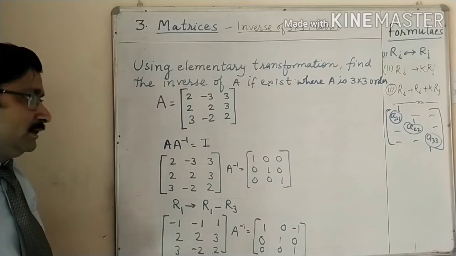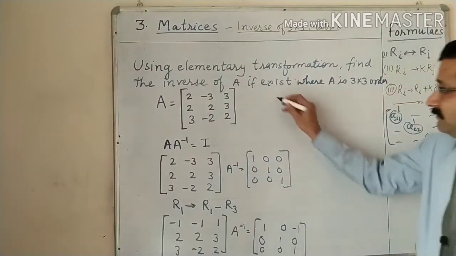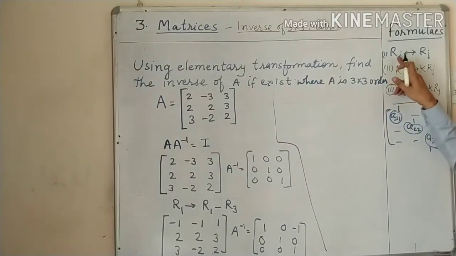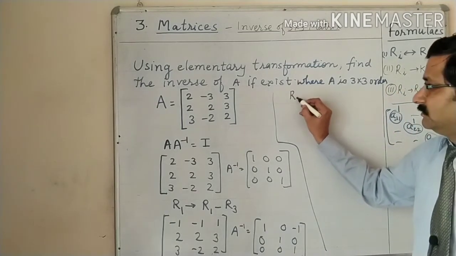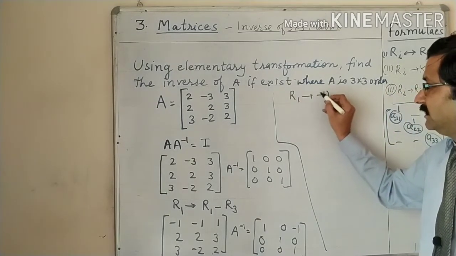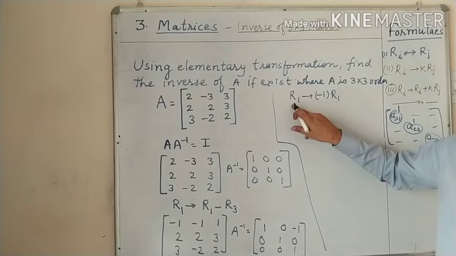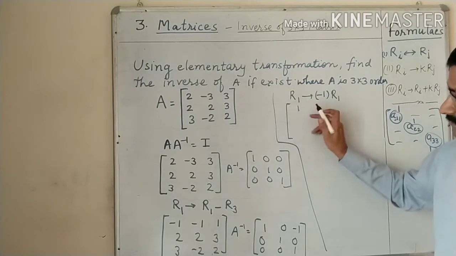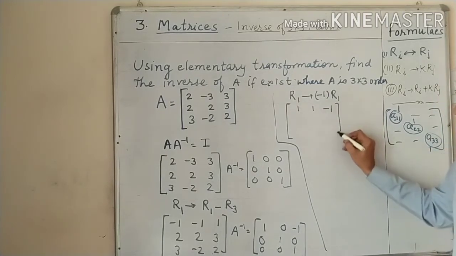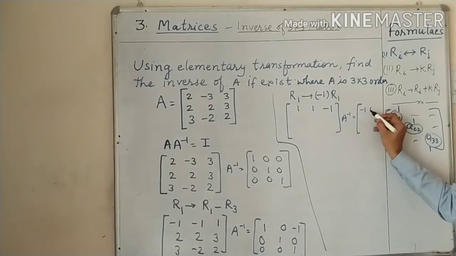Now we have to apply another rule. We do not want this minus, we want 1. So we use the second property: we multiply the first row by minus 1, so the new first row is minus 1 times the first row. Minus 1 becomes plus 1, so we get 1, 1, minus 1, and on the right side minus 1, 0 and 1.